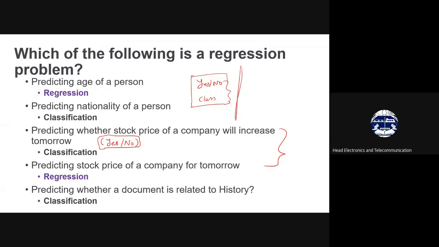What is a regression problem? Where you estimate a value, you predict a value. Here you predict a class. So that thing you keep in mind. So here we will deal with estimation of a value.